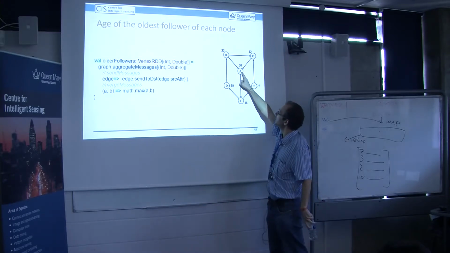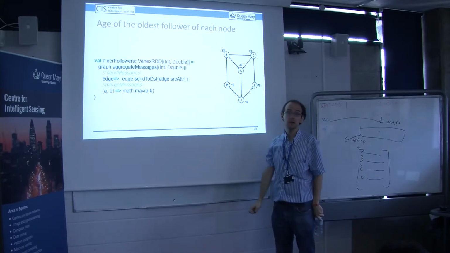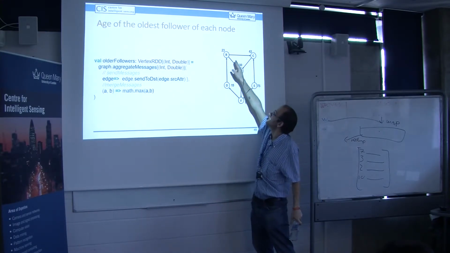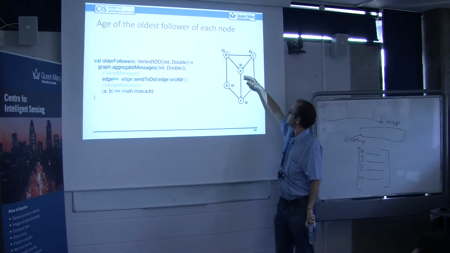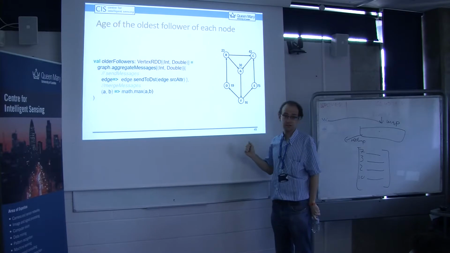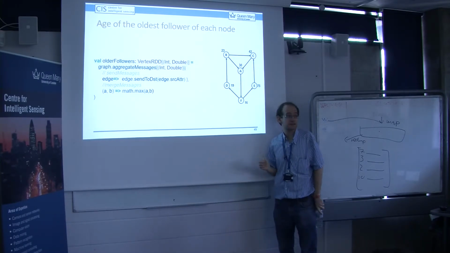So here, for node A, I see that B and C are actually following A. B has an age of 23, C has an age of 42. F is only followed by A, which has an age of 30. D is only followed by F, which has an age of 16.